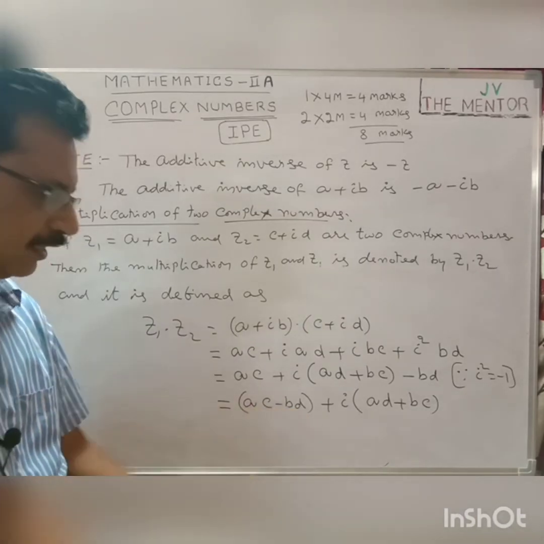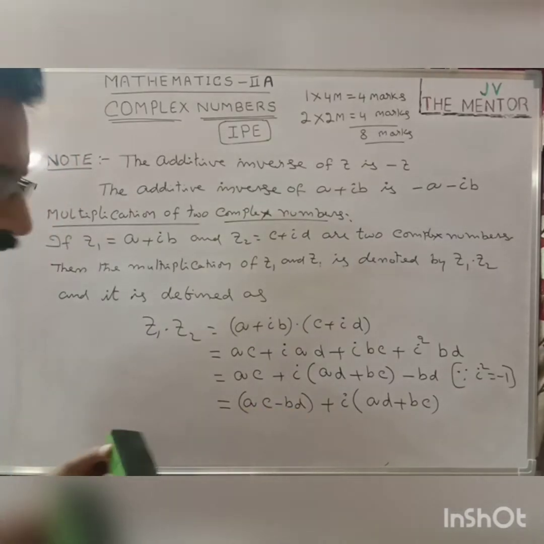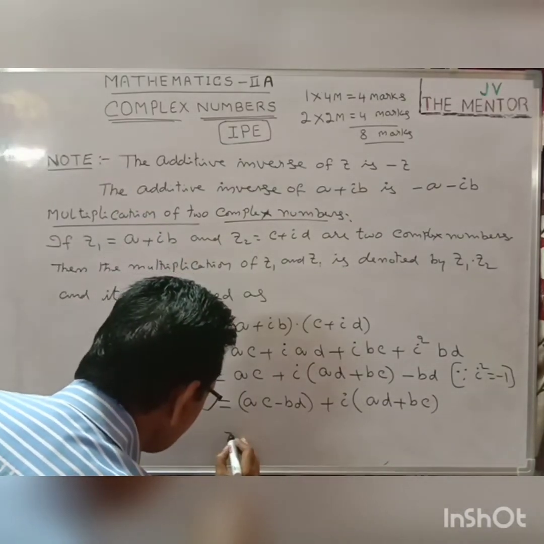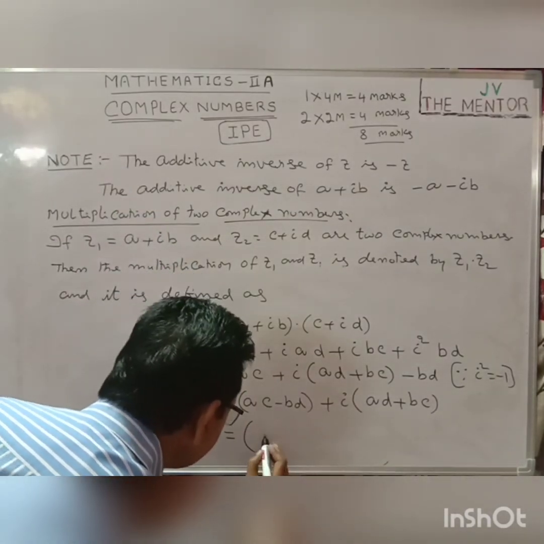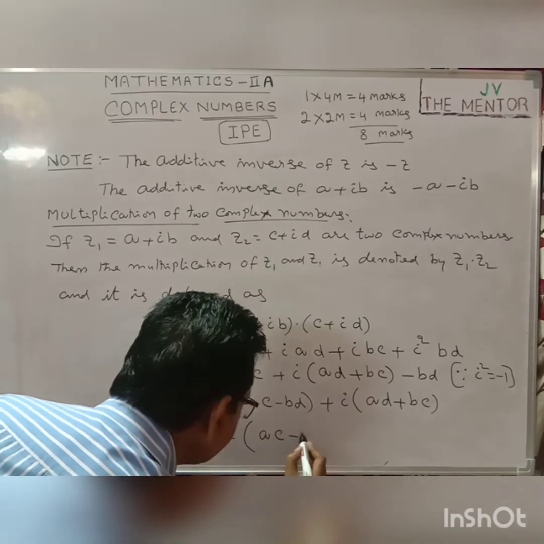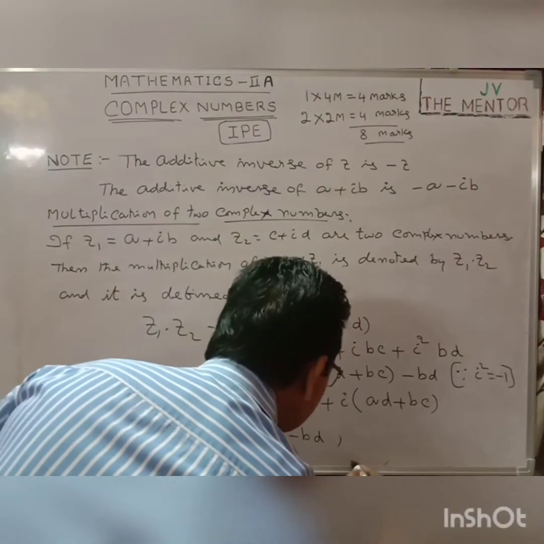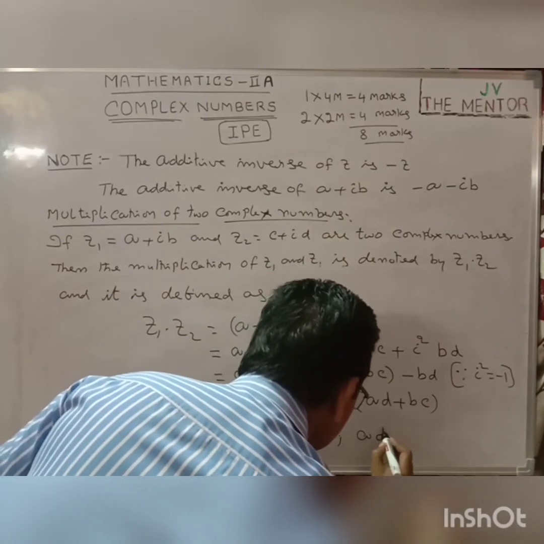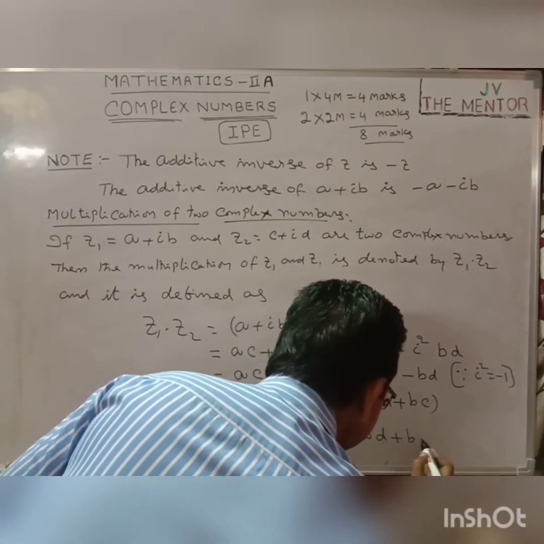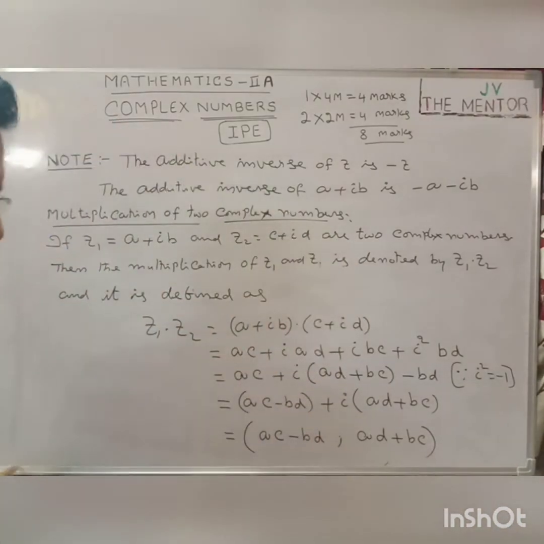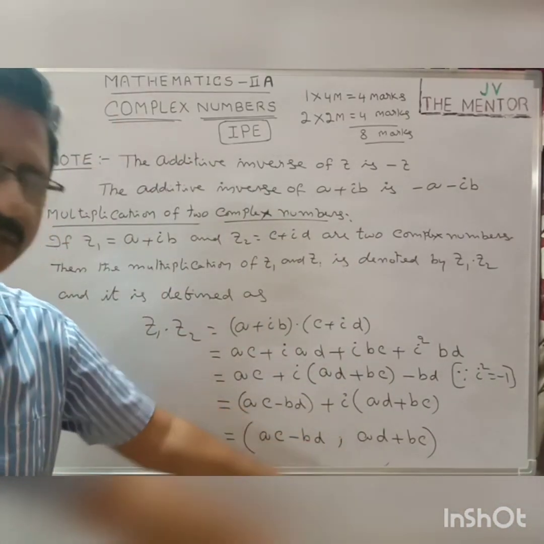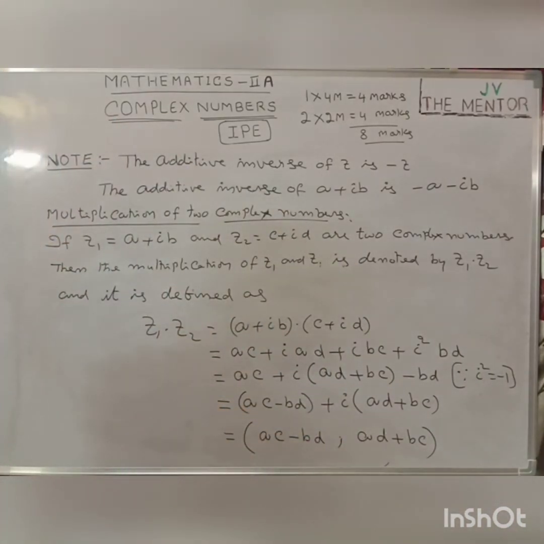This can be written in ordered pair form, that is ordered pair AC minus BD comma AD plus BC. Okay, this is real part, this is imaginary part. Okay, it is ordinary multiplication only. Okay, write down.